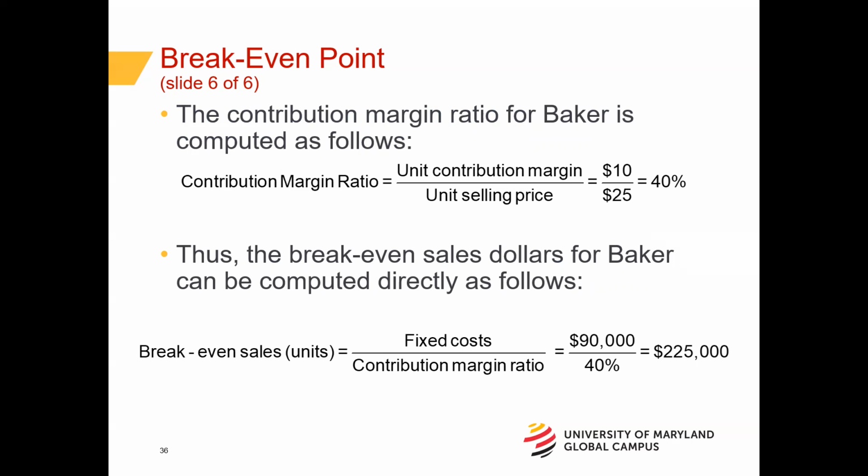For those of you trying to figure out how to divide by a percentage, it's 0.4. So 90,000 divided by 40% is 225,000. I need to sell $225,000 worth of sales or revenue, right? I need to make $225,000 in revenue in order to break even.